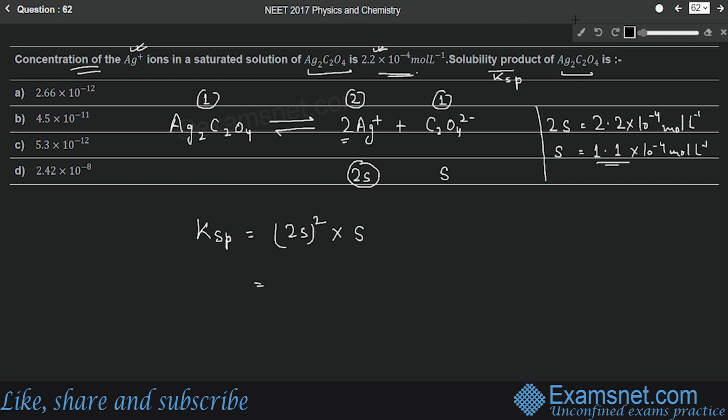Now the value of 2S is 2.2 into 10 to the power minus 4, square of this, into the value of S, which is 1.1 into 10 to the power minus 4, right? So on solving this, what do we get? We'll get 5.3 into 10 to the power minus 12, right? So this will be the Ksp value. That means option C will be the correct answer.